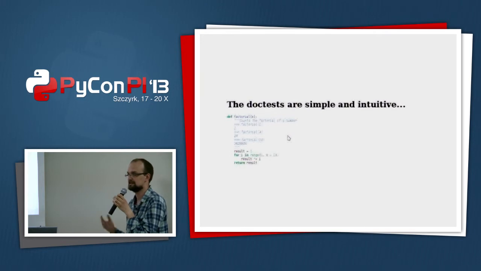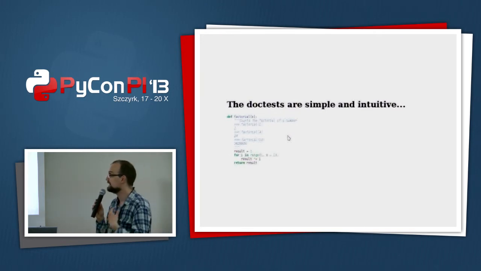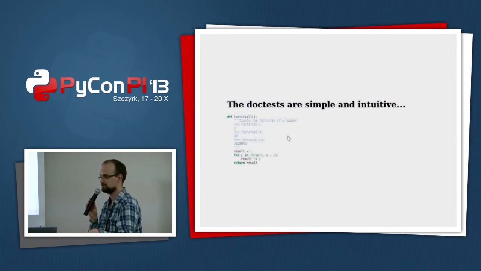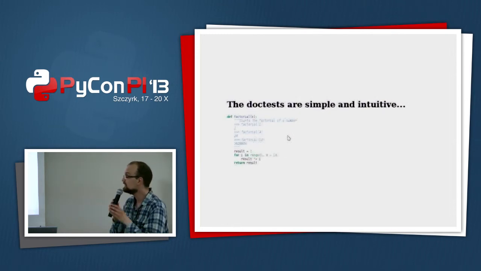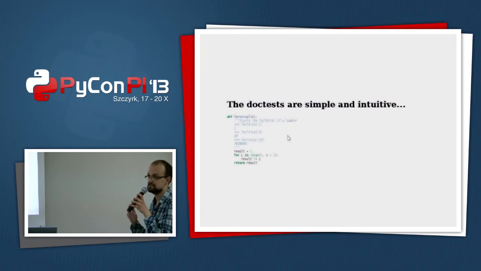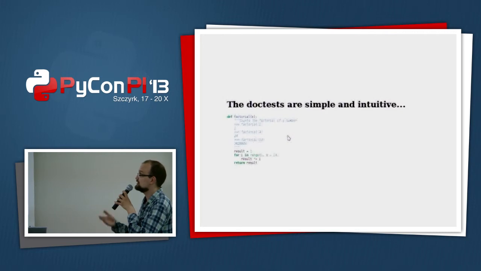So docstrings are some kind of documentation, some kind of example. They are some kinds of tests for our function, but they are also tests for the documentation itself. We need to know if we don't cheat our users.